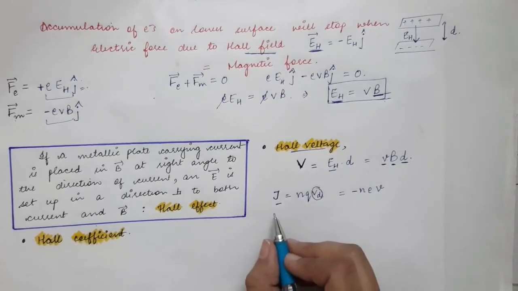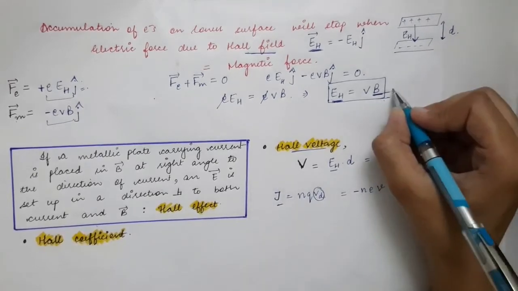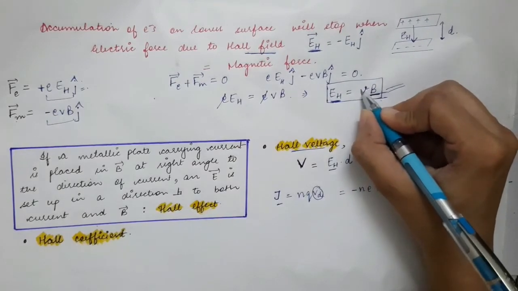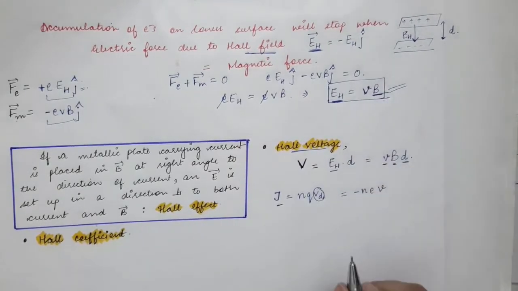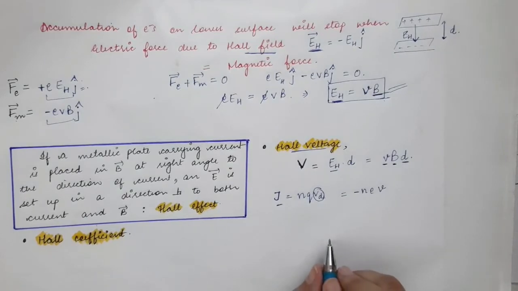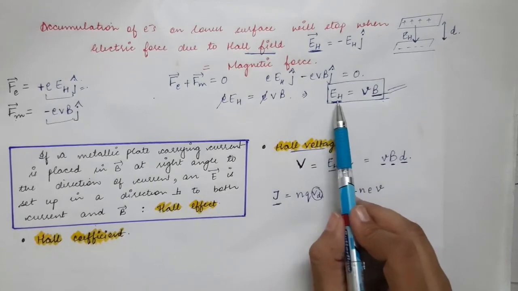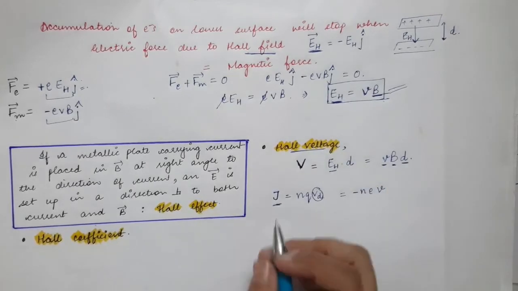So we already have the equation of EH, which is given by v into B: the drift speed into the magnitude of the magnetic field. Now we will divide this equation of J by this equation of EH. So what will you get?